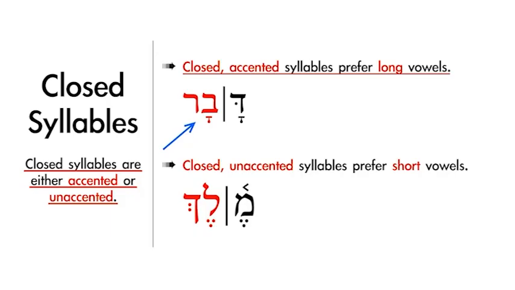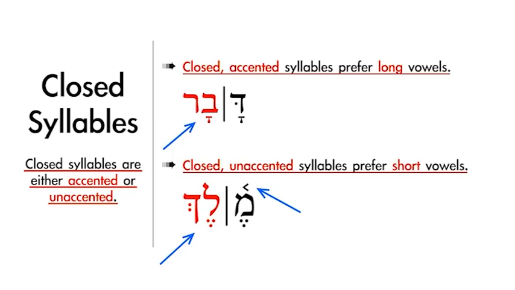However, if the syllable is closed and unaccented, it's going to prefer a short vowel. So look at this alternative example below, the example melech or king. This is a word in which it's accented on the first syllable. We know that because of the accent mark over the mem. So now the second or the red syllable is unaccented. It's a closed and unaccented syllable. Because of that, it doesn't take a long vowel, it takes a short vowel, and in this case, the segol.